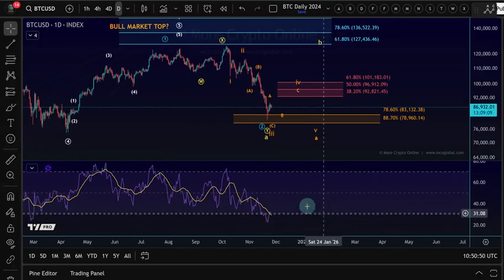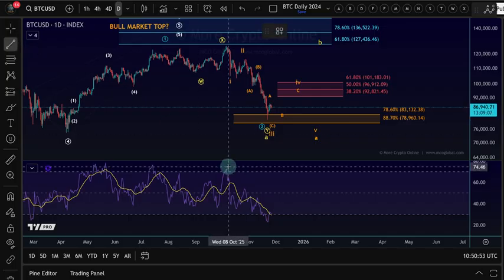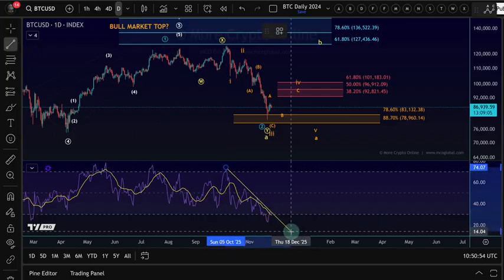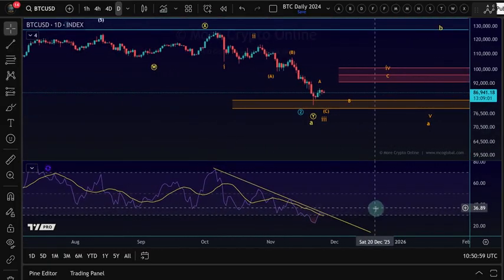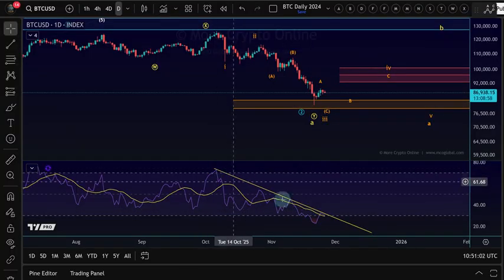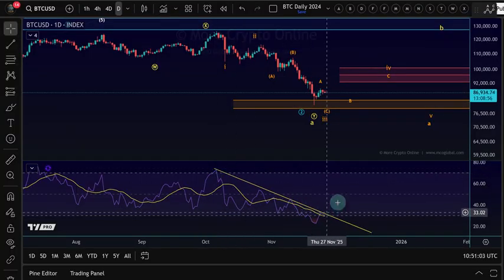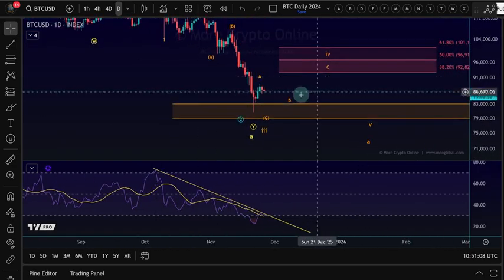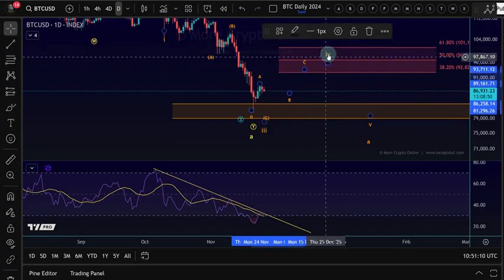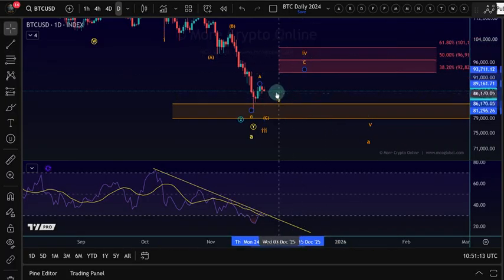Something I sometimes use is looking at breakout points for the RSI. So in the short term, it could very well be that the market is trying to break out above the RSI. If that happens, I think it could indicate the beginning of the C wave up at least, which could then take us into that resistance area.